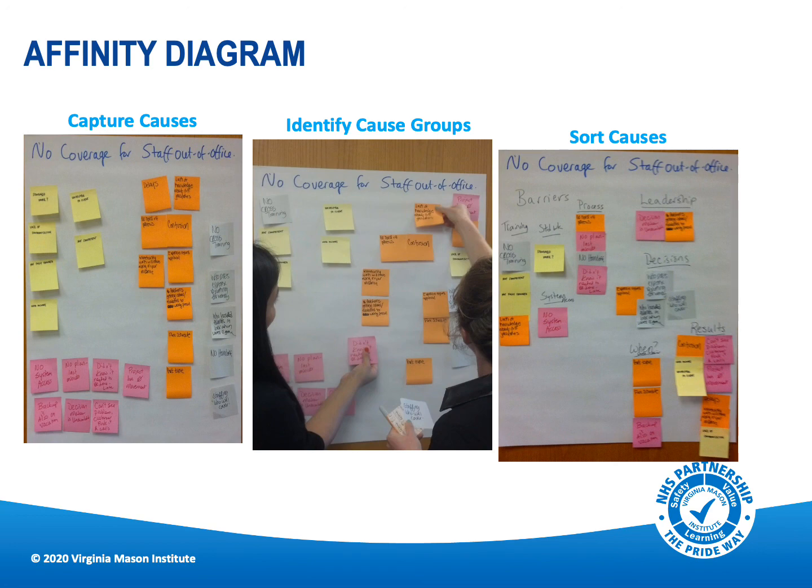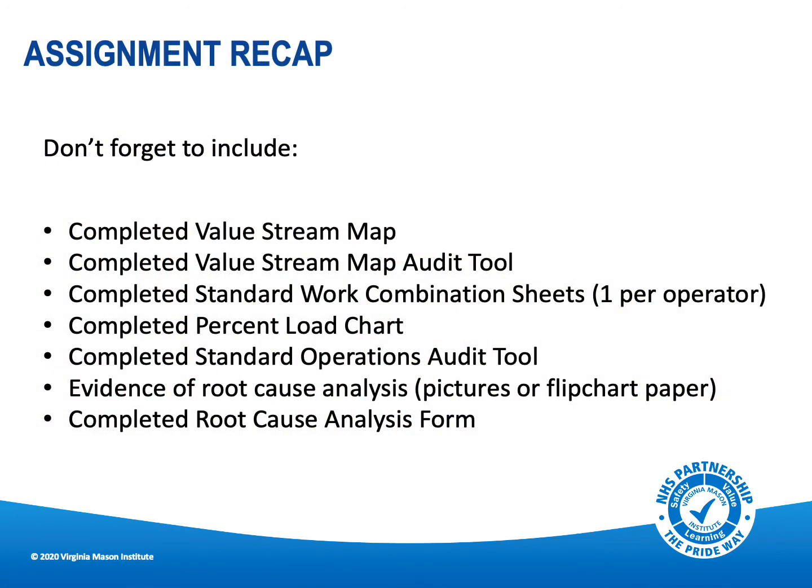If you're watching this video and need to complete your assignment for session 3, you'll need to create your value stream map and use the value stream audit tool to make sure you have included all of the necessary information. You will also need to use data from your cycle time observation forms to create standard work combination sheets for each operator in your process.